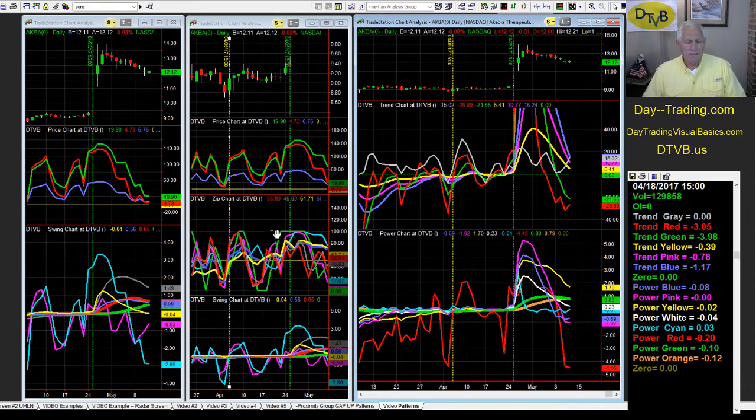And in different types of movements, also the zip red line length movement. But I have a tendency to do the trend red, the power red, and the swing Zion lines in a group, because they are the big three. And if you add the zip red, it's the big four.